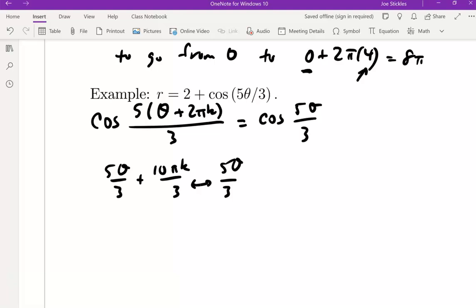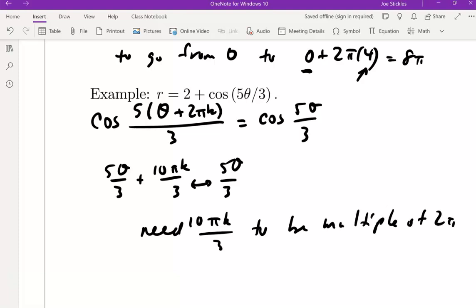Okay? So I need 10 pi k over 3 to be a multiple of 2 pi. Well, what better you plug in for k then?